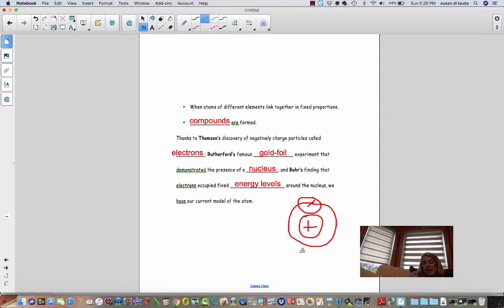So this is our current model, and these are the scientists that led us to that. And now understand in science, like in any other theory, the atomic theory can change as technology advances and we have more information. We might tweak this model a little bit. I think the basics of the model will stay the same, but we might find out more about what protons are and what makes them up, and how these are moving. So we might find more information about this model, but I think that basic structure is going to stay the same.